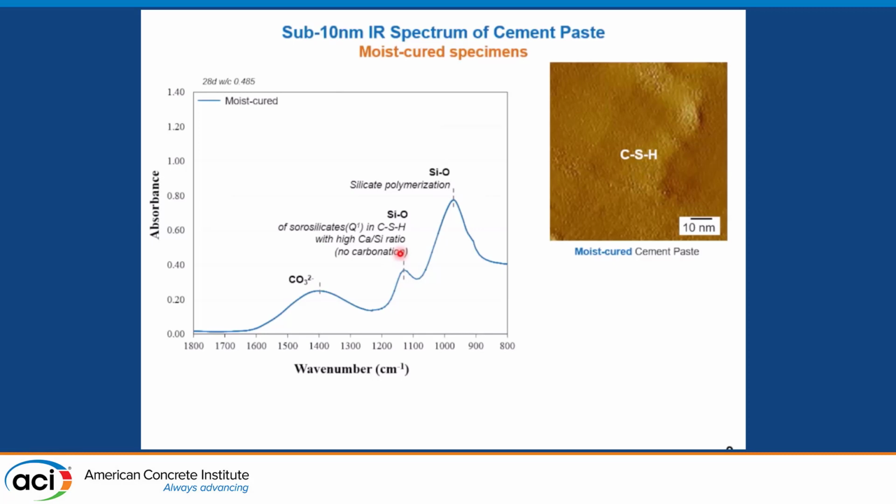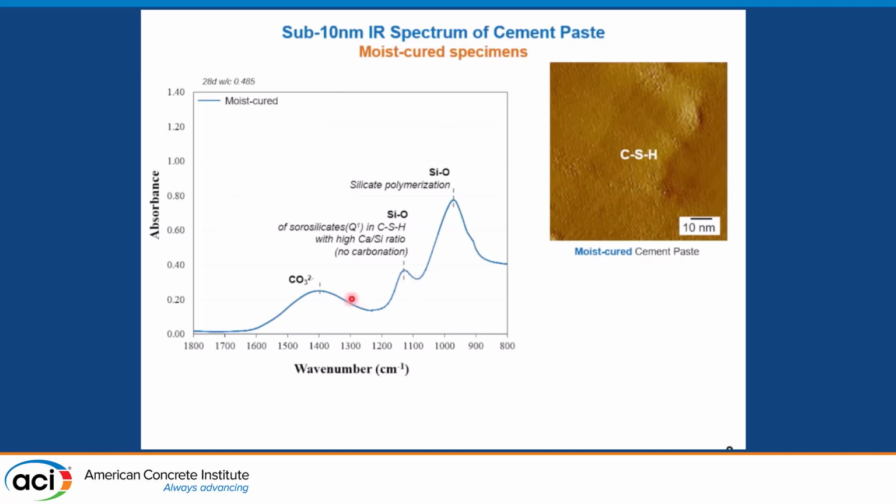Now, the difference between the two peaks is that the 970 peak is indicative of the so-called silica gel and is expected to be found in every CSH. On the other hand, the 1150 peak can be found only in moist cure specimens with a high calcium to silica ratio that haven't been exposed to carbonation.